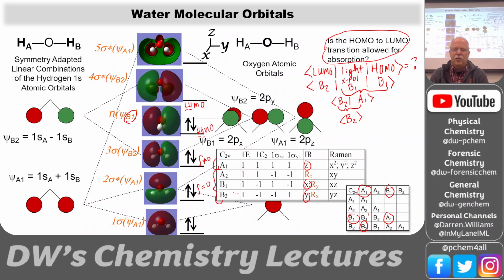So now we have the integral over all space of a function that has B2 symmetry. Now it's a crazy function. We've taken this wave function and multiplied by this wave function times X polarized light, so the x-axis, and that's a crazy function. We now have nodes on the YZ plane and all of that craziness.